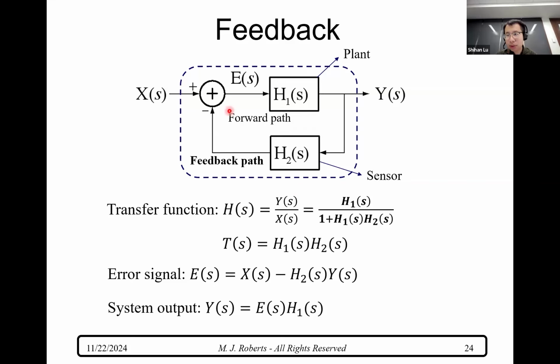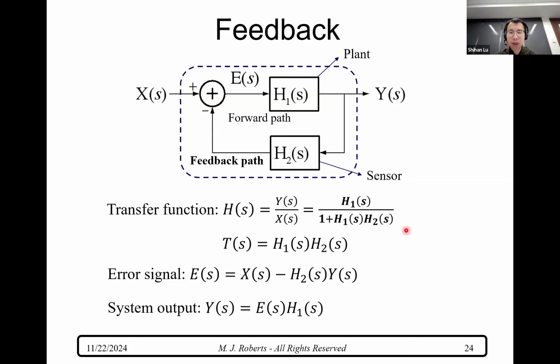The first is the path going through the original system, which is the forward path, H1 of s. And the second is the feedback path, which takes the current system output and converts it into some form which can be fed back to the system input and generates the error signal, which is the real signal used as input for the plant, the original system.